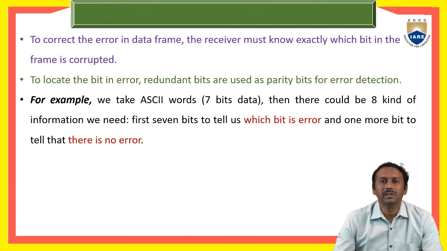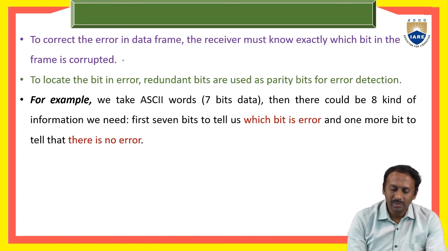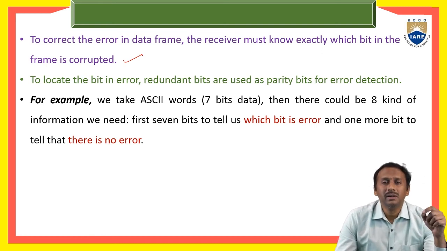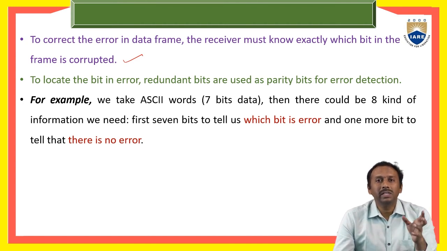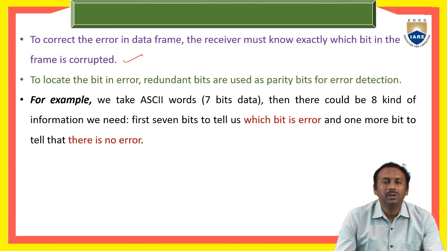That means when data transmission is not expensive, we can use backward error correction. And to correct the error in the data frame, the receiver must know exactly which bit in the frame is in error.